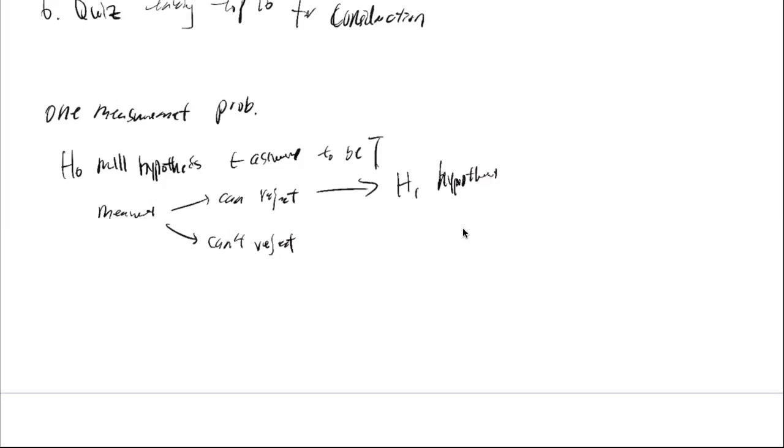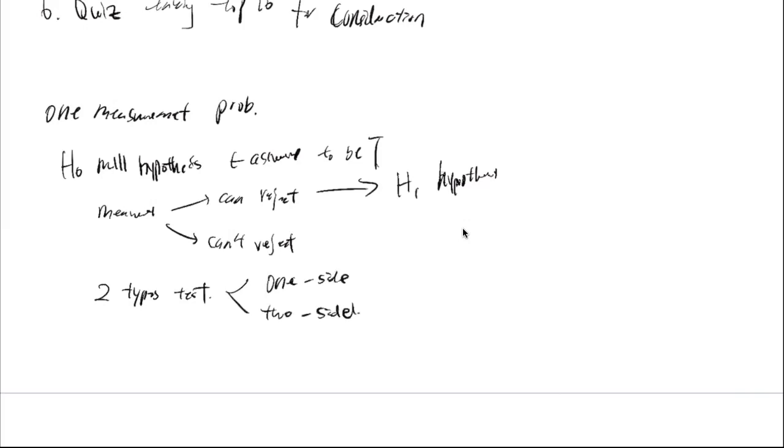If we do a measurement, our conclusion will be whether we reject or don't reject our null hypothesis. Before we do that, there are two types of tests. One is one-sided, the other is two-sided.